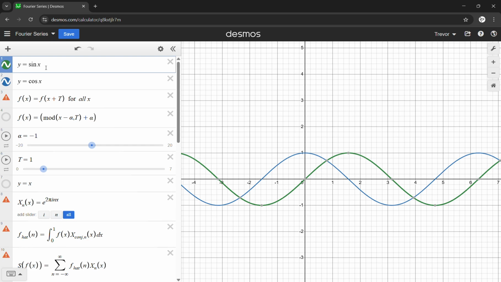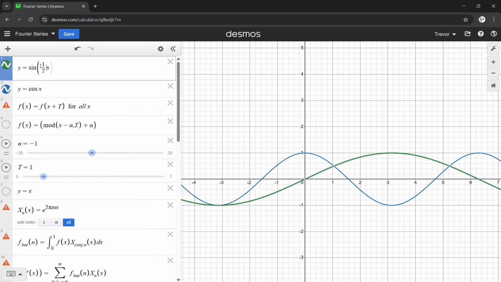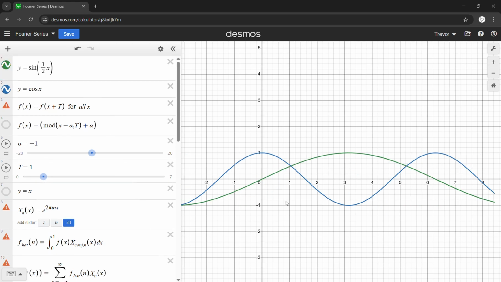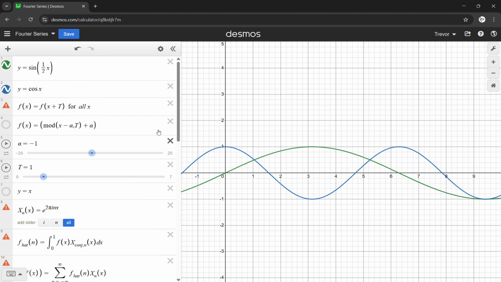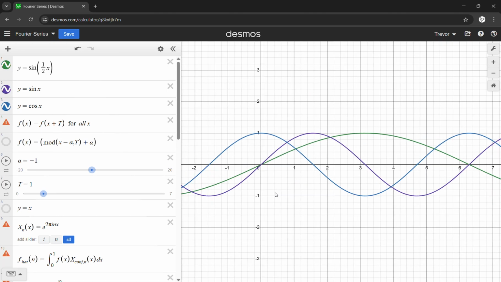And it turns out the one that's most relevant for us is when we stretch them side to side. So when we've stretched them like that, the purple one is just what we had before.